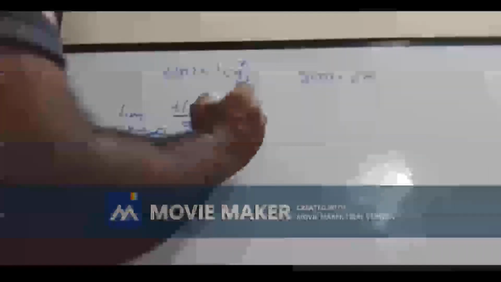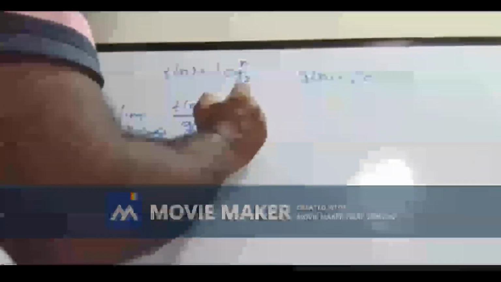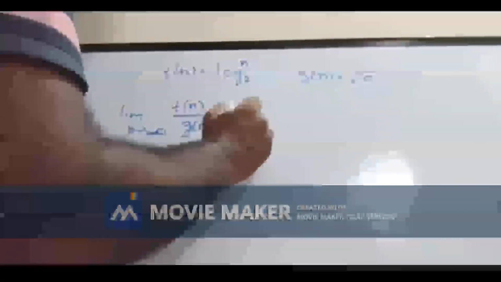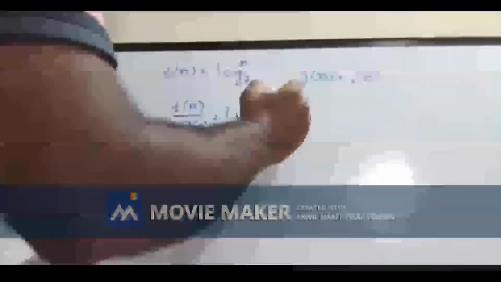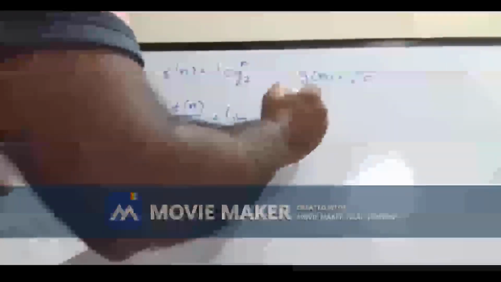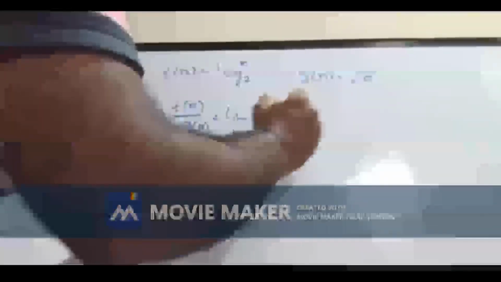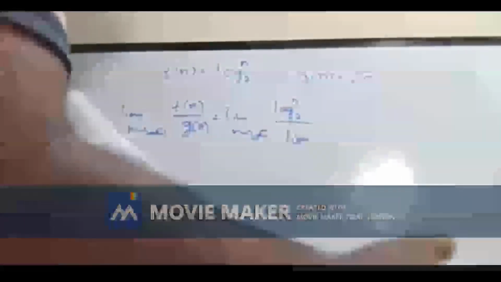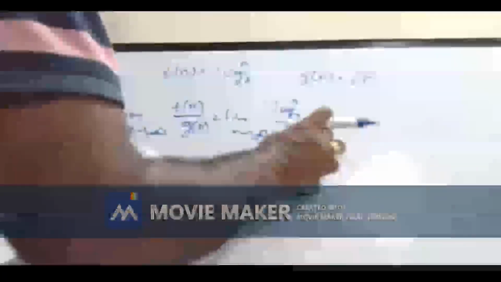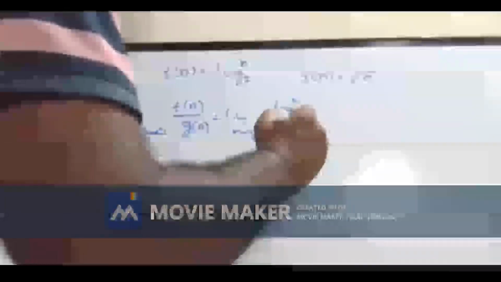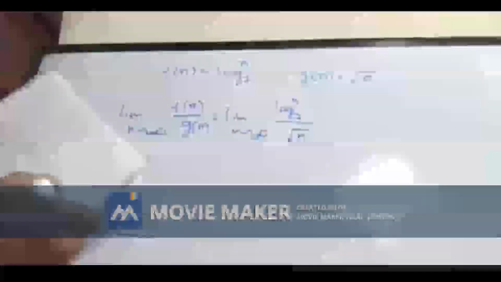That is nothing but the limit as n tends to infinity of log n base 2 divided by square root of n.